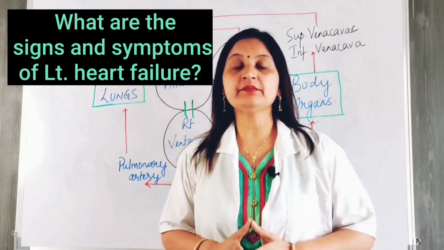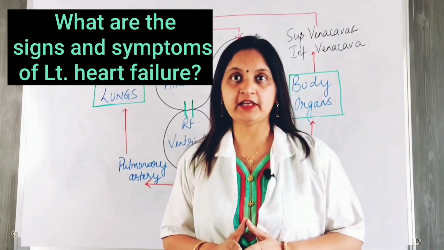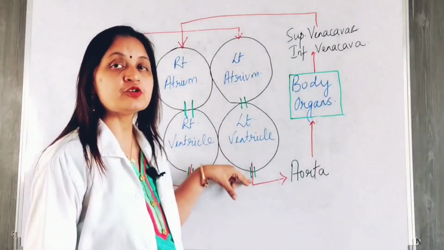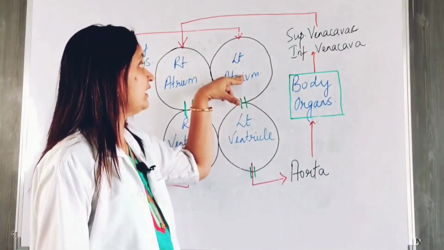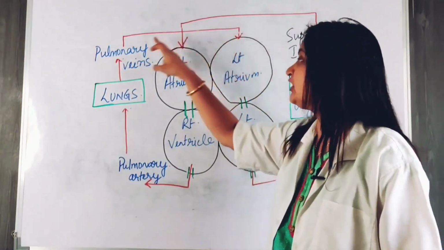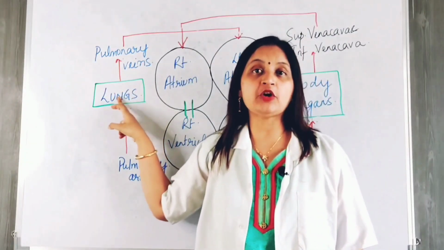So what are the signs and symptoms observed in left-sided and right-sided heart failure? In left-sided heart failure, the left ventricle fails to pump blood into the systemic circulation, and this creates backward pressure into the left atrium. The pressure in the left atrium causes accumulation of blood in the pulmonary veins, and the pressure in the lungs increases.